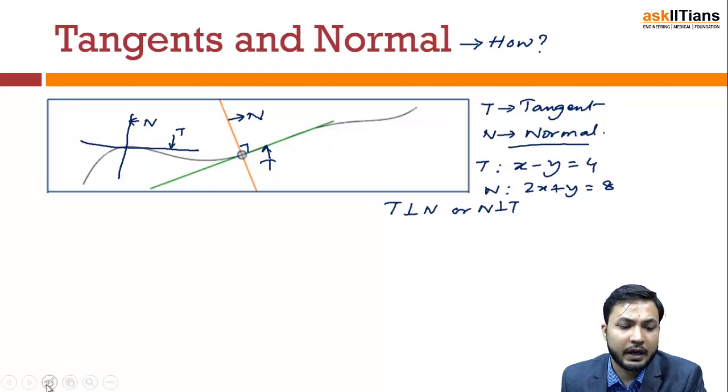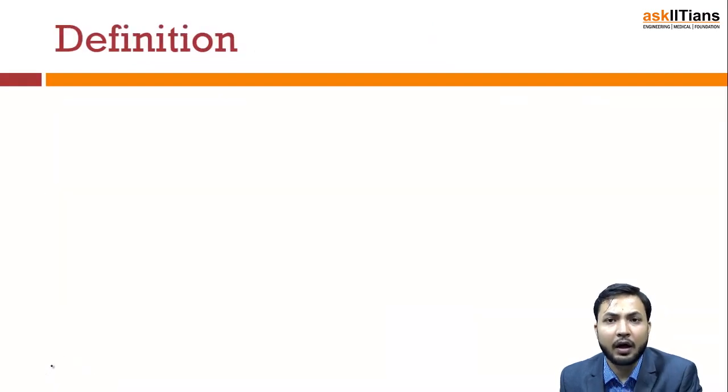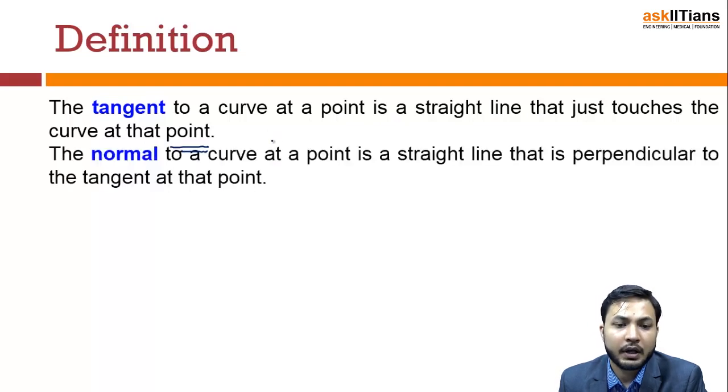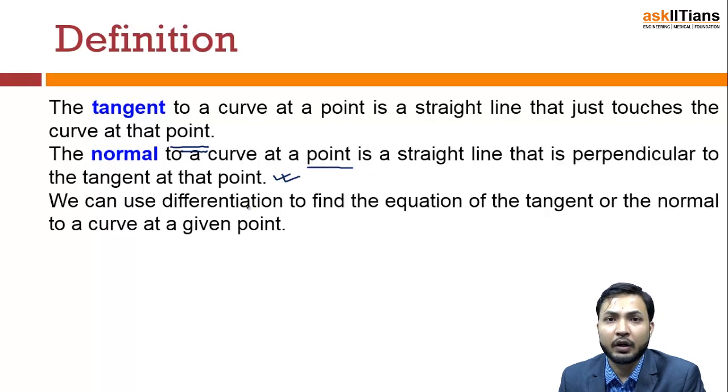Now coming to the next part, we know the definition. A tangent to a curve at a point is a straight line that just touches the curve at that point, and the normal to the curve at a point is a straight line that is perpendicular to the tangent at that point. Simple, straight definition. First of all, we can use differentiation to find the equation of the tangent.